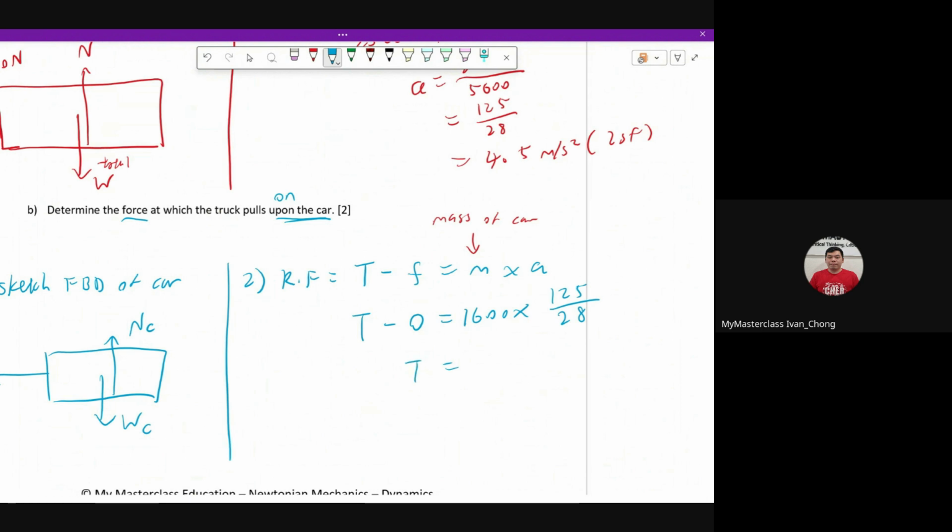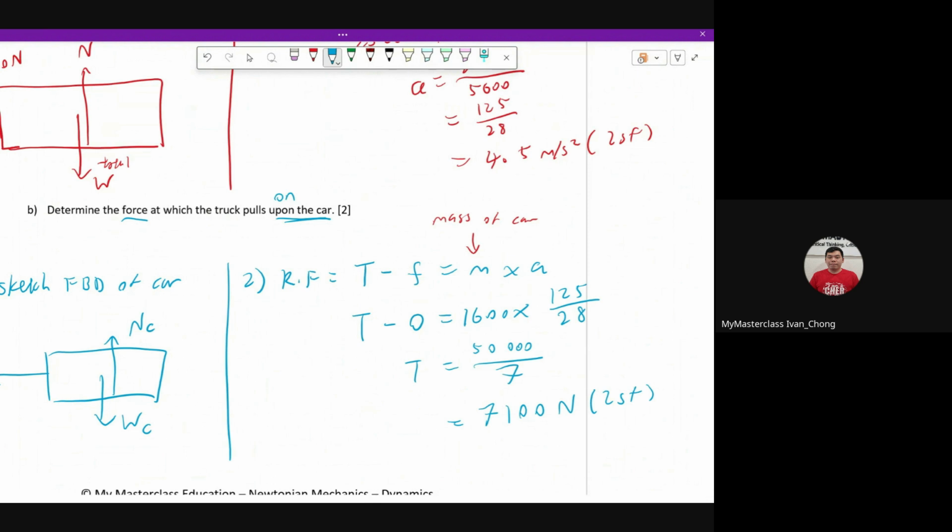So tension itself is 50,000 over 7. And if you round it up, this will be 7100 newtons to 2SF.